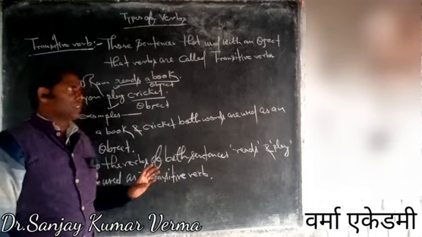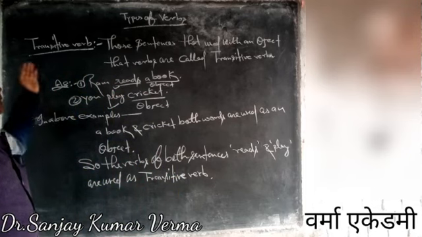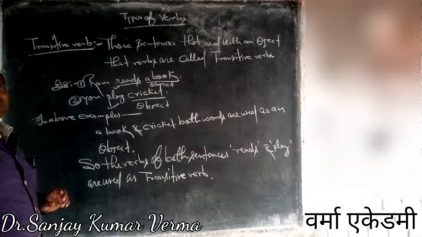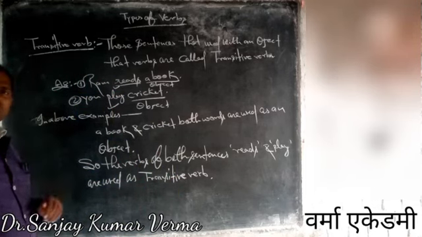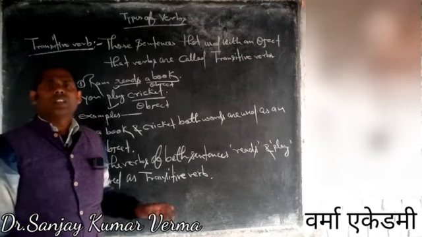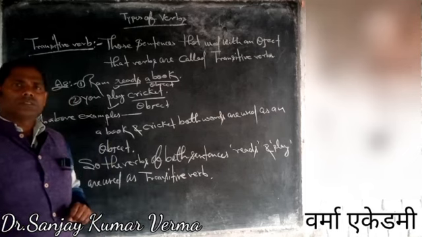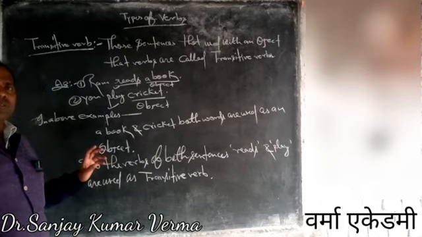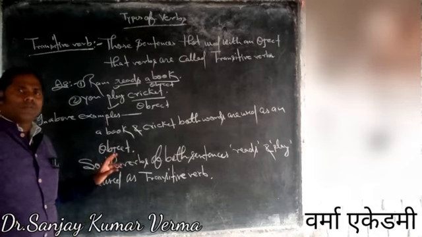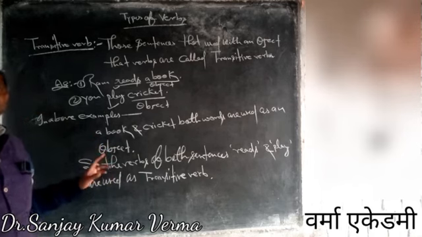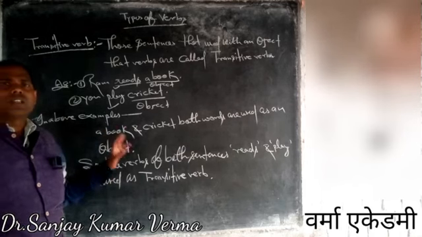But here, in this transitive verb, an object is always used. So that verb is called transitive verb.